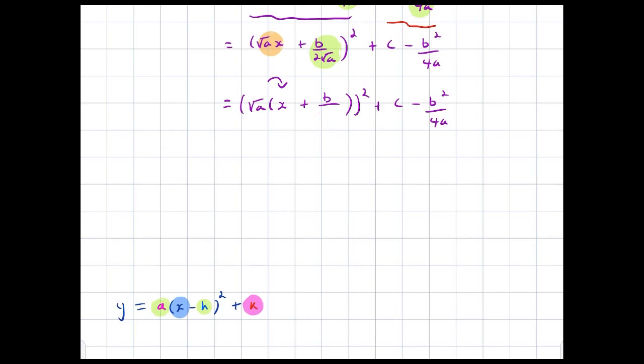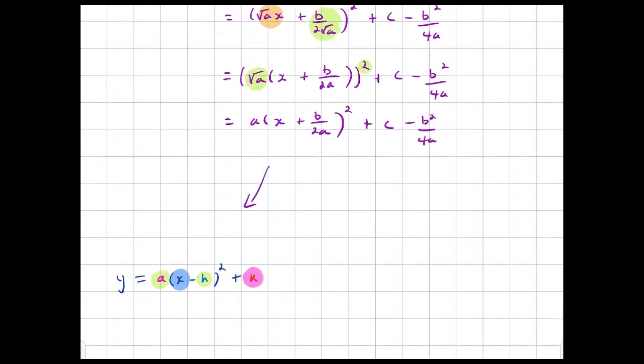Let me put that back in here. And then of course now I'm left with this root a out front, and that is being squared, right? This is the square of a product, so I'm squaring both of the things inside the brackets, and I end up with, well, square root of a squared is just a, times x plus b over 2a, squared, and then plus c minus b squared over 4a.